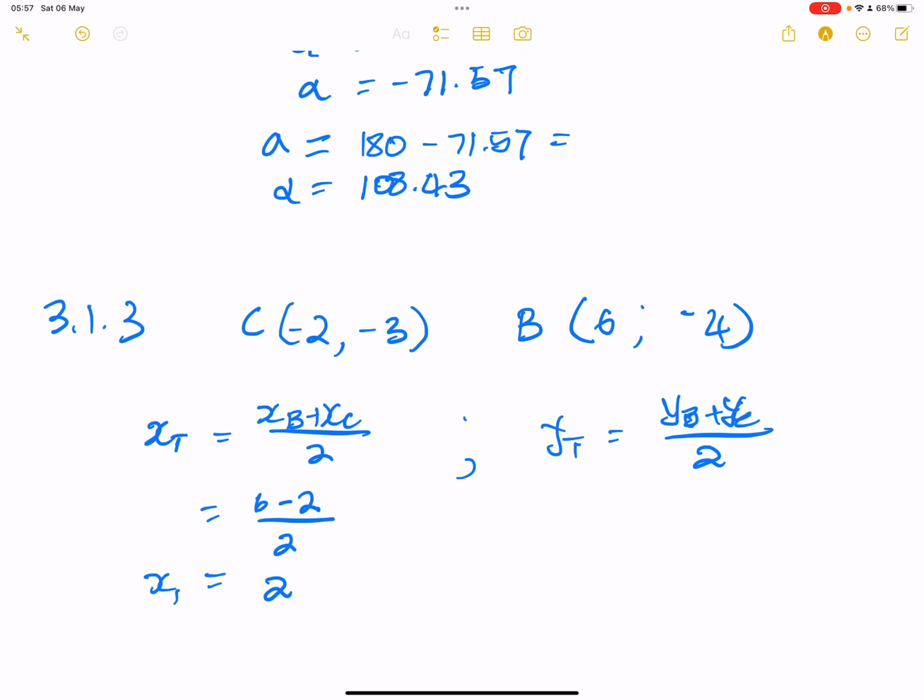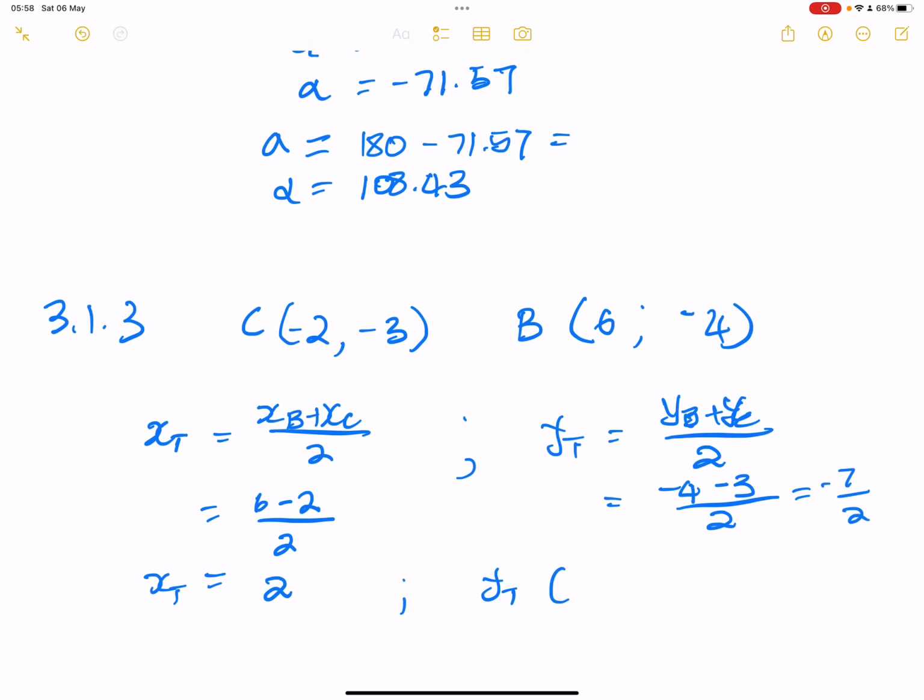So the x value at T is 2, and for the y value we simply take our y values: minus 4 minus 3, divided by 2. That gives us negative 7 over 2, or 3.5 if you want.